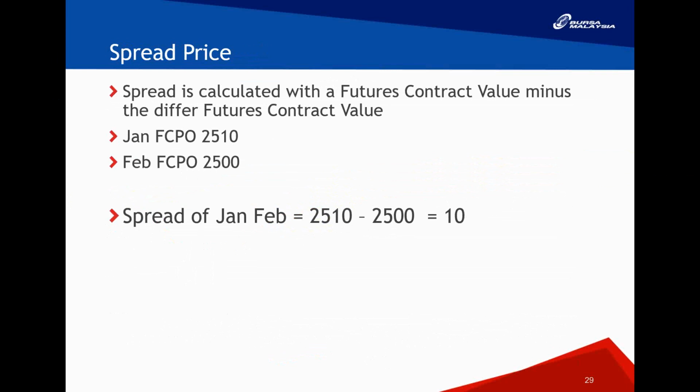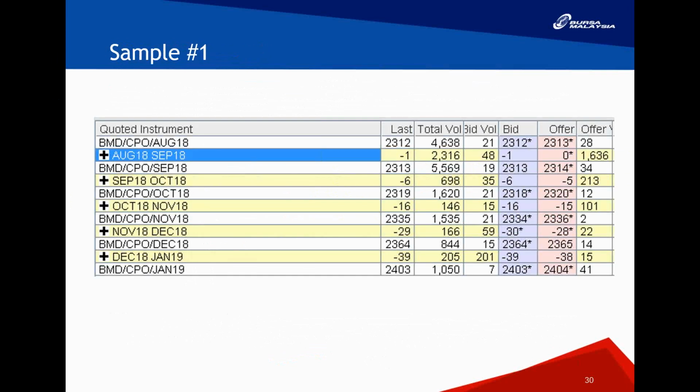So for example, if the January price of CPO is 2,510, and the next month, February, is at 2,500 only, the spread of January and February is 2,510 minus 2,500, which equals 10. So the spread is 10, or 10 ringgit spread of January, February. And this is a positive number. Let me show you an example here. You can see that I just took an example.